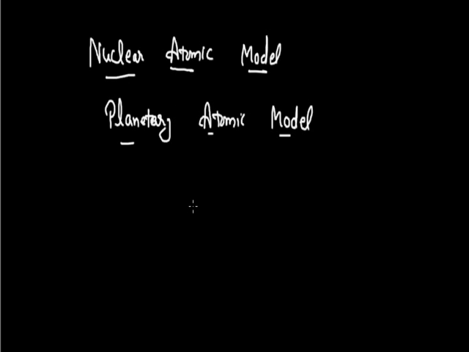Just as in the solar system the planets revolve around the sun in a path, according to Rutherford atomic model the electrons continuously revolve around the nucleus.